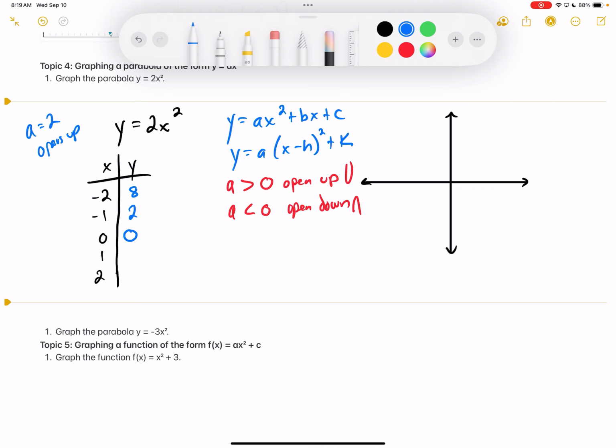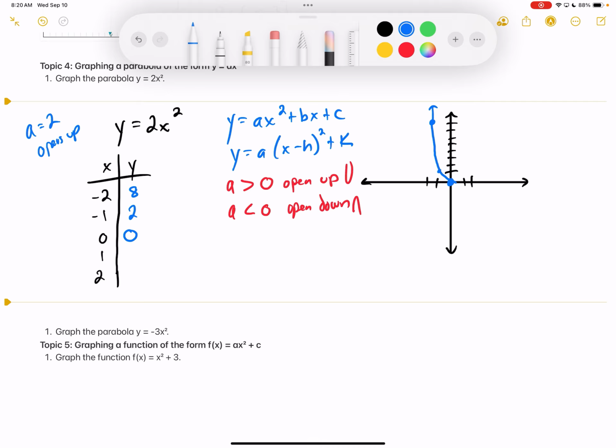If I plug in now, what happens here, I'm not going to talk about that yet. So we got 0, 0, -1, 2, and -2, 8. There is symmetry that happens on this, and I'll talk more about how to shortcut this in a second, but you always have to graph the vertex, and I don't want to talk about the vertex on this one yet.